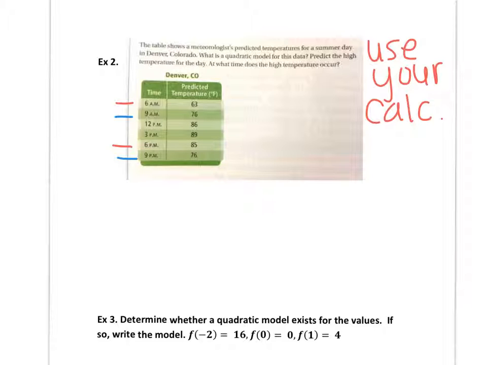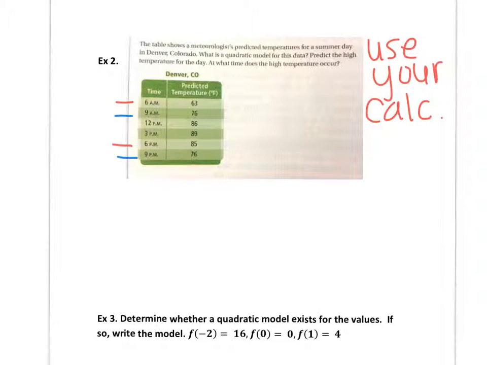How we're going to fix this is we're going to go in and we're going to edit our values. Now notice, we can leave it starting at 6 a.m., 9 a.m., 12 p.m. When we hit 3 p.m., we're going to want to change that. Think about if you were graphing that on an x-axis, you would want it to go by threes. So 6, 9, 12.